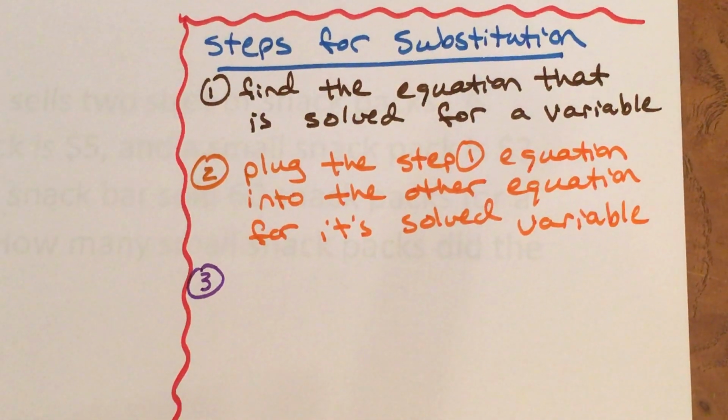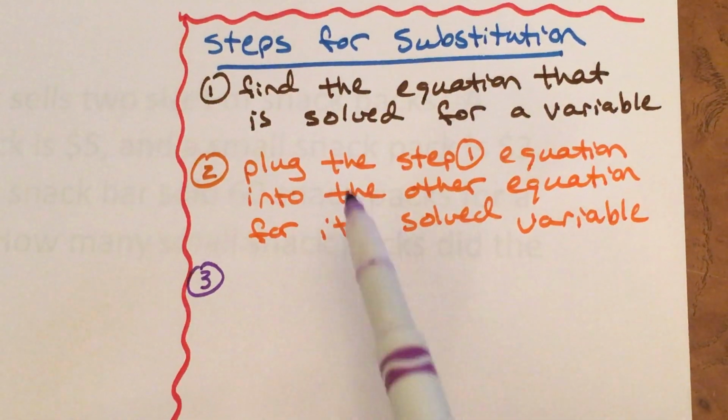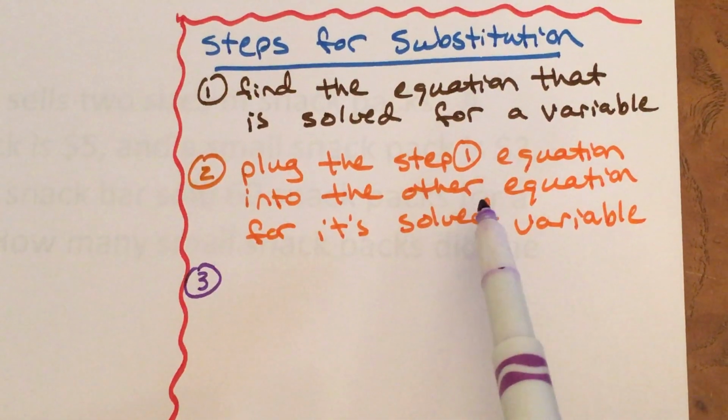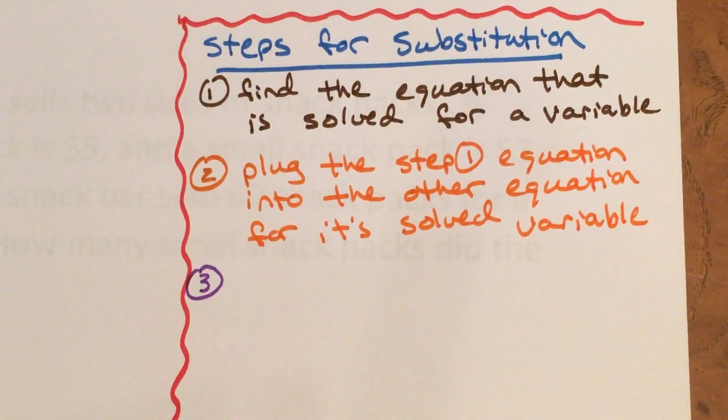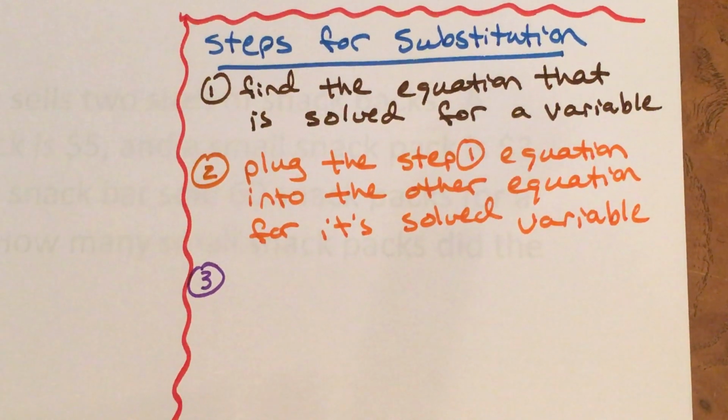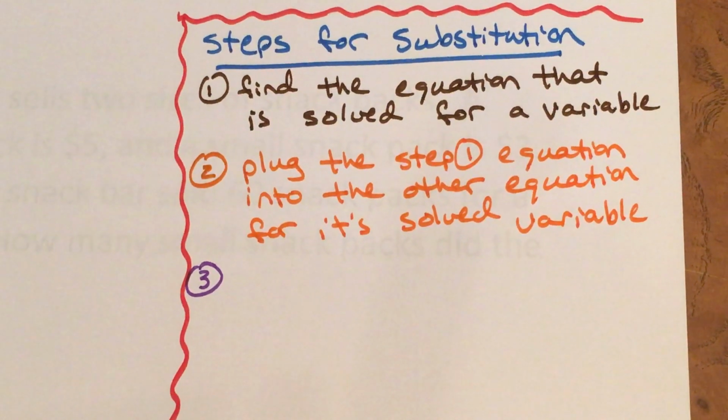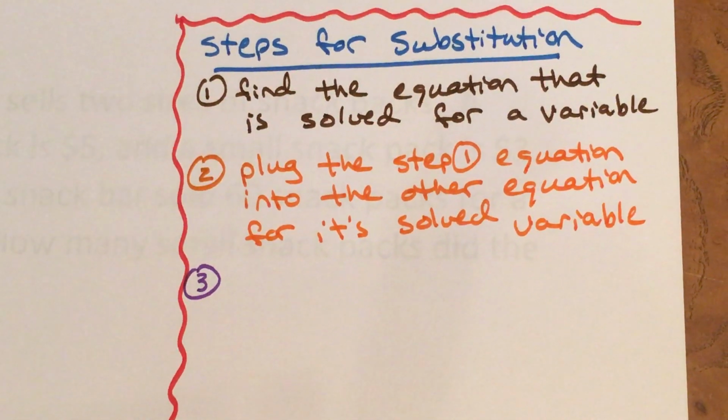All right, third step. So now we have this weird looking new equation in step 2. We are going to solve that equation for its variable, and you should get a number answer when you're done.